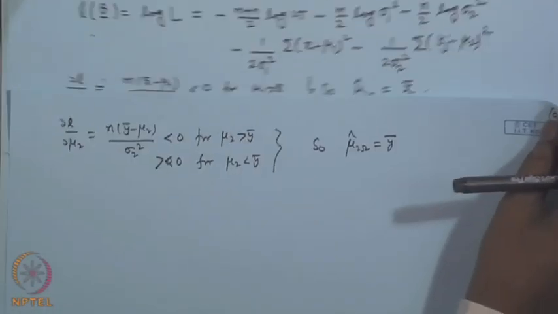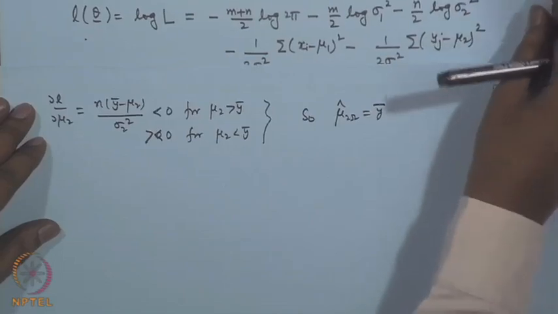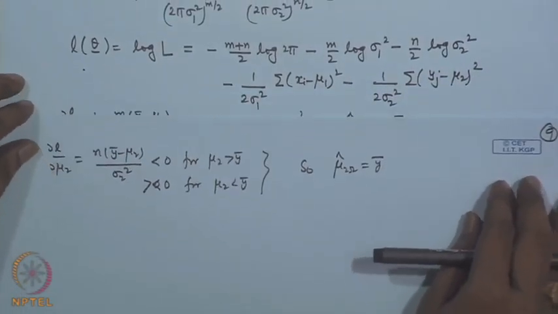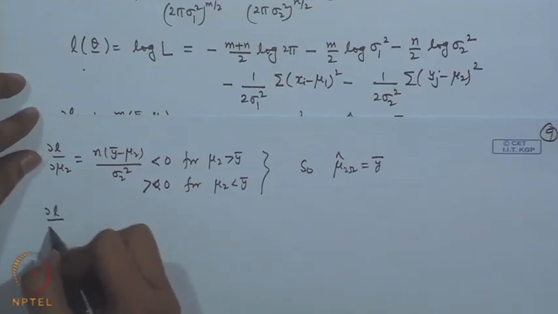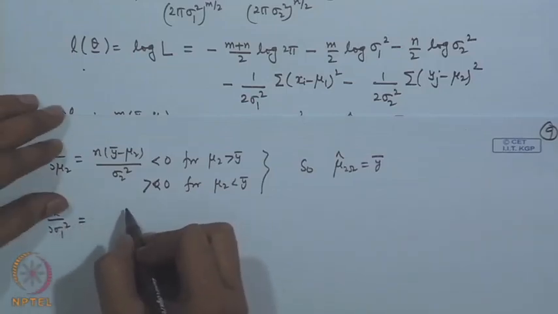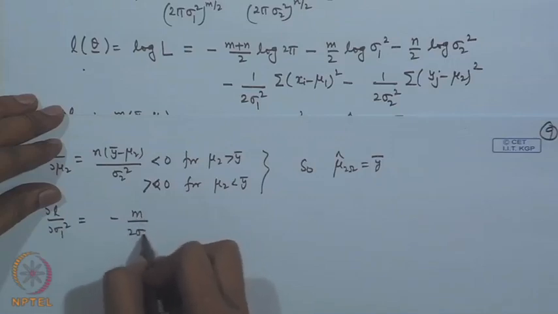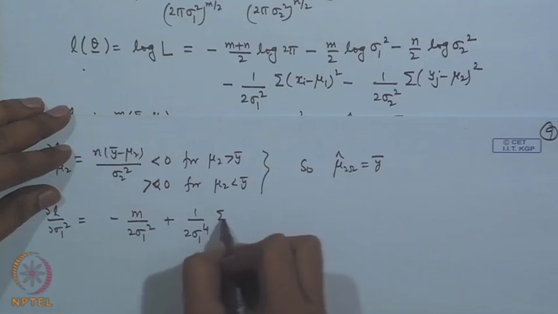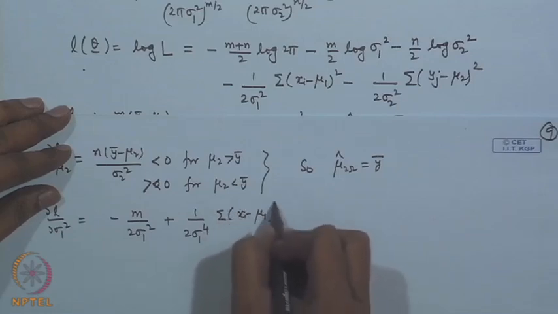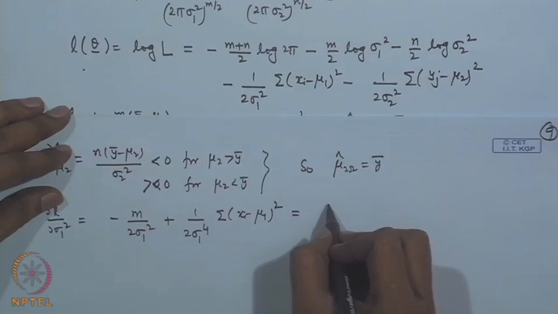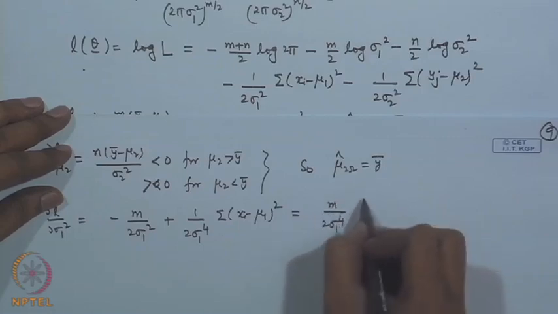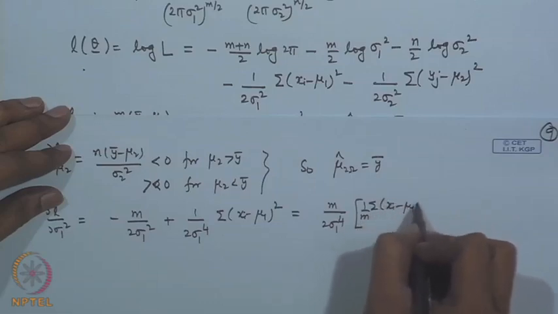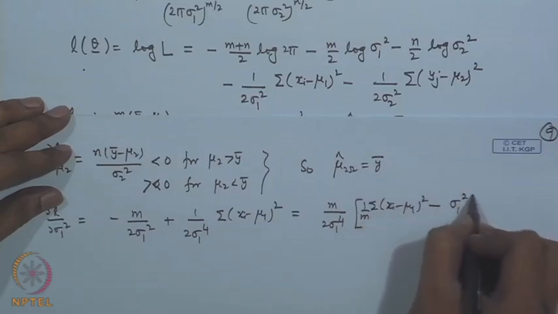So, let us look at del L by del sigma1 squared, that is equal to minus m by 2 sigma1 squared plus 1 by 2 sigma1 to the power 4 sum of (xi minus mu1) squared, that is equal to m by 2 sigma1 to the power 4 times (1 by m sum of (xi minus mu1) squared minus sigma1 squared).